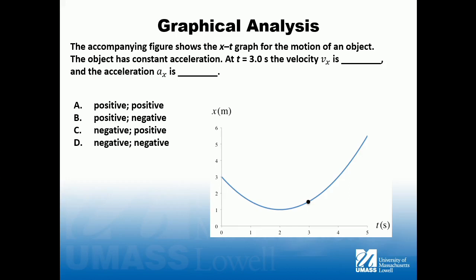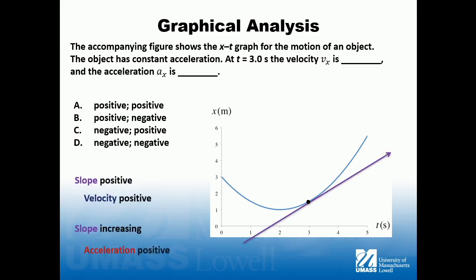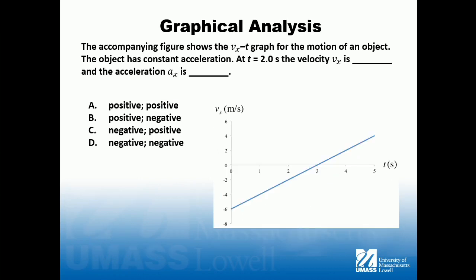So a must be positive. This makes sense? Right? So in this scenario, both your velocity and your acceleration are positive. Right? So is this thing picking up speed or losing speed? Picking up. Okay. So that's positive for velocity and positive for acceleration.